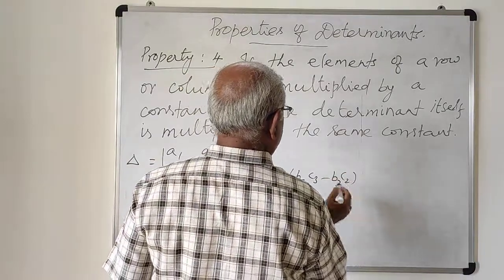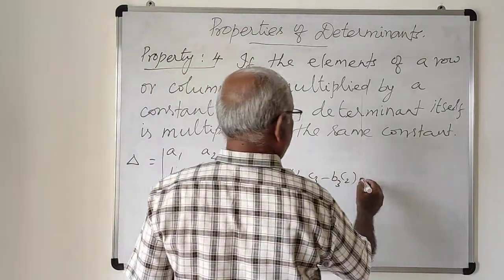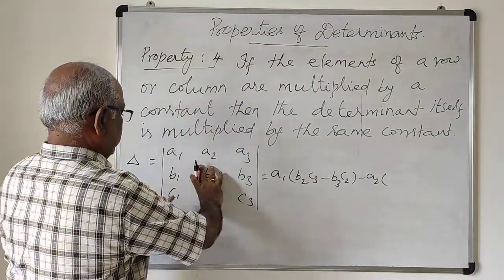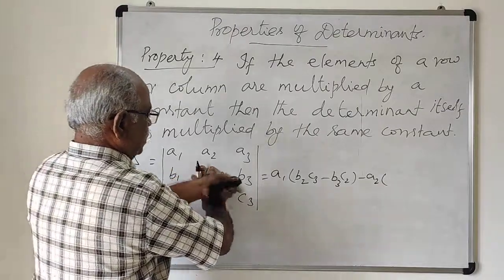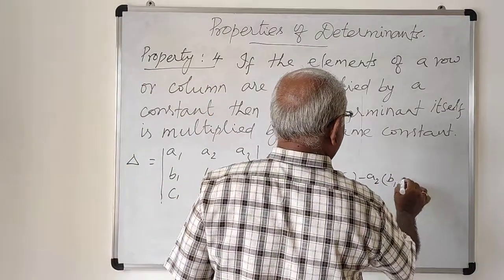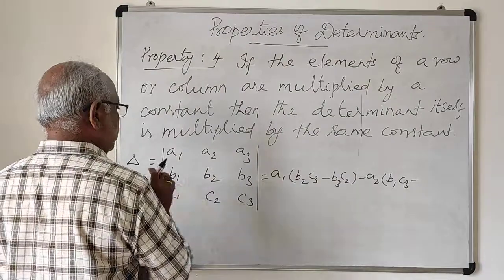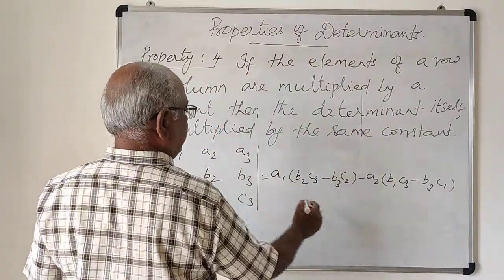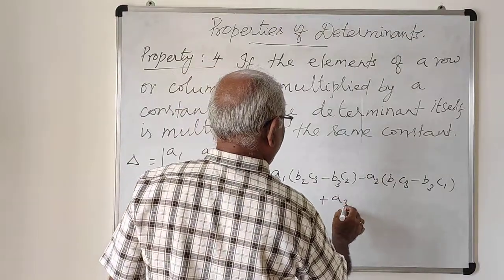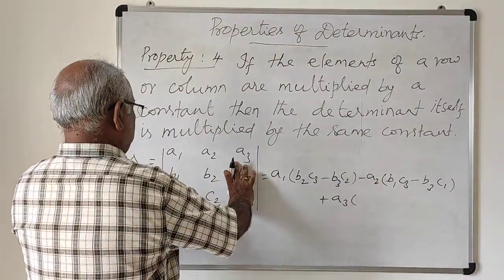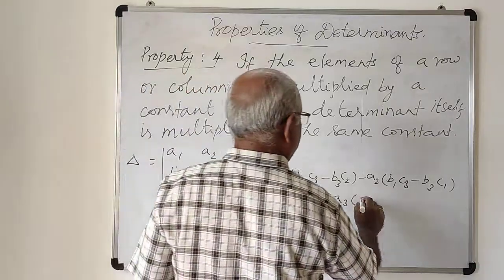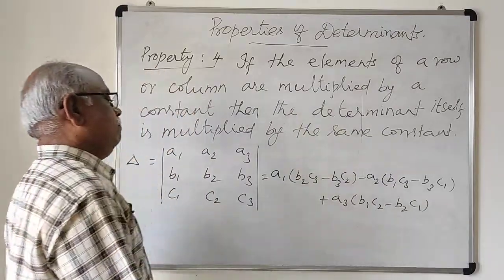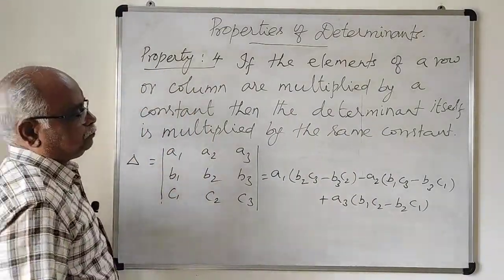As usual expansion, minus A2 into (B1 C3 minus B3 C1), plus A3 into (B1 C2 minus B2 C1). This is the determinant value of delta.